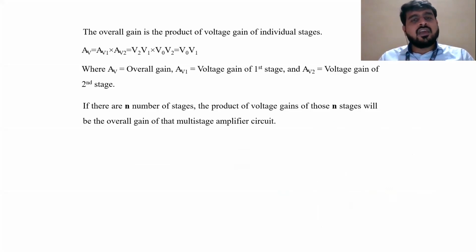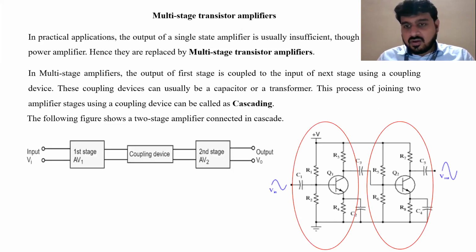Can anyone define this? Sir, V0 is nothing but the output voltage, V1 is the first voltage, and V2 is the second voltage. V2 is common, because the output of the first stage and the input of the second stage are the same.